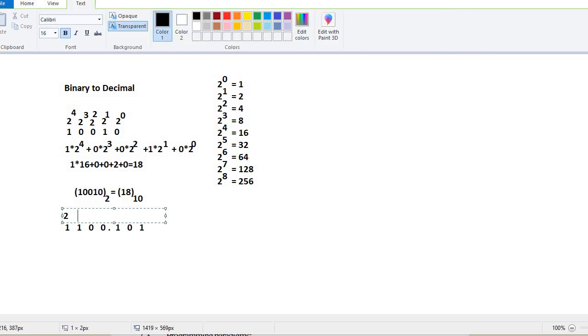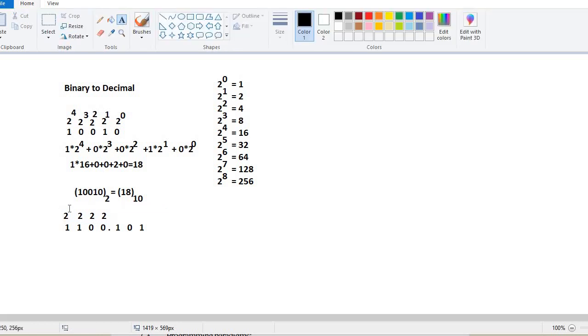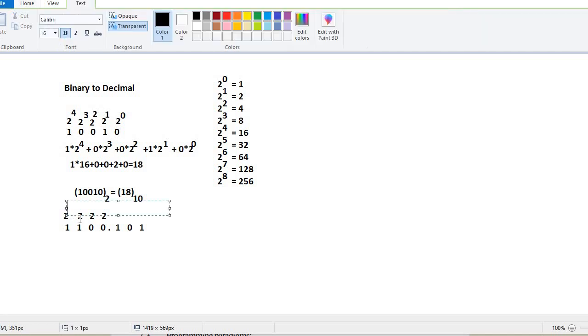first we will start with 2 to the power 0. Then it will have 2 to the power 1, 2 to the power 2, 2 to the power 3.